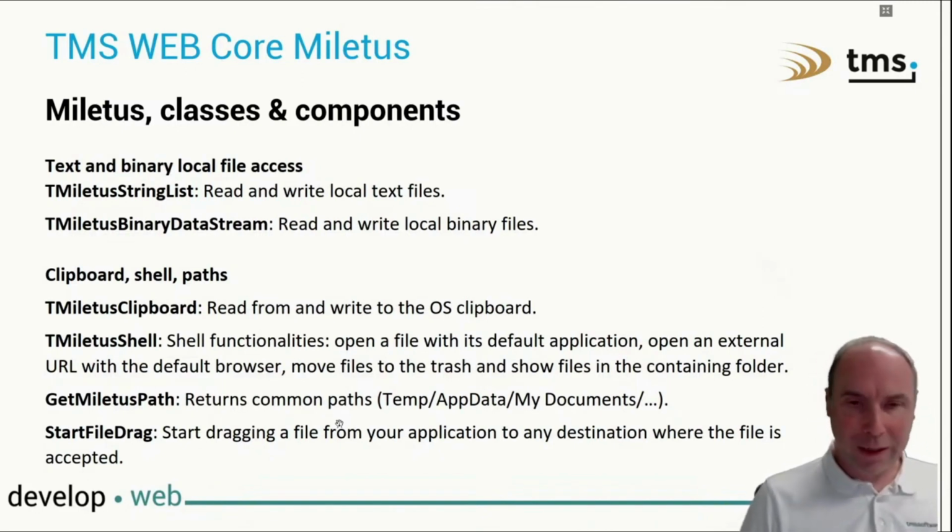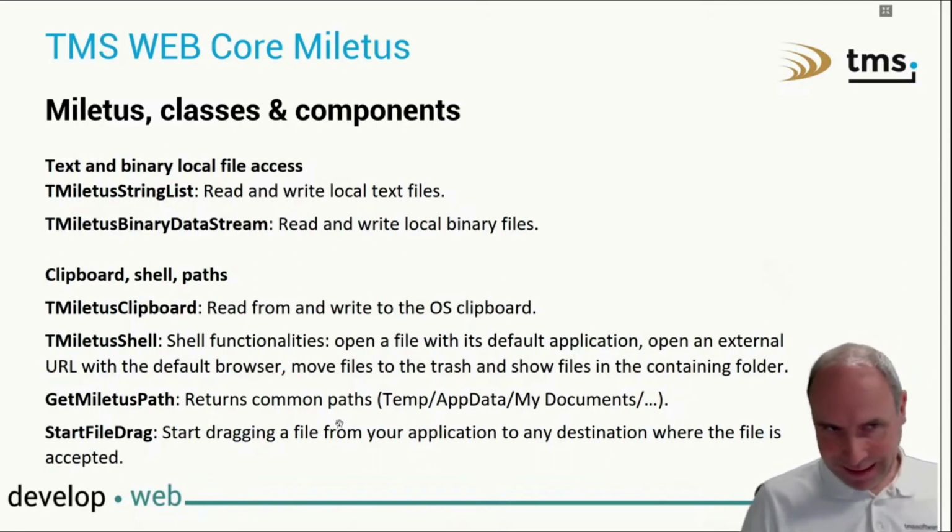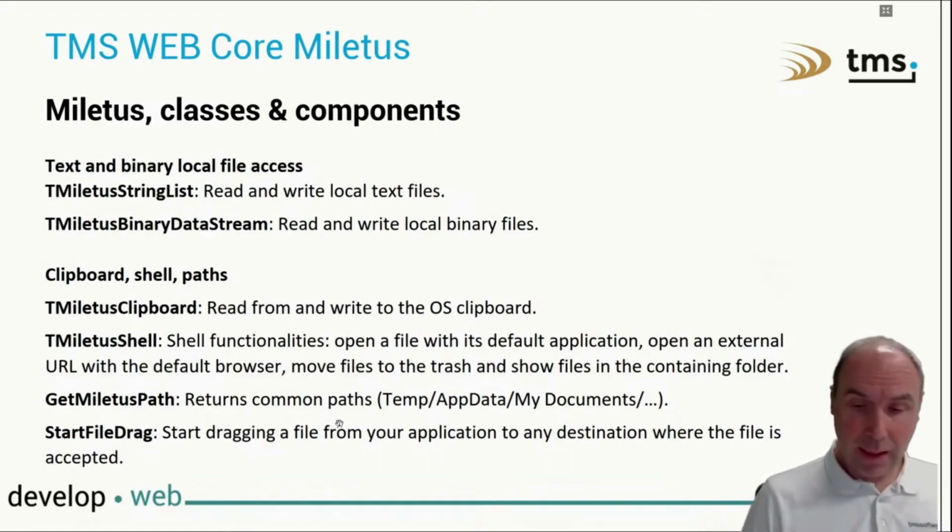We have two types of classes that allow you to have direct local file access, which is the Miletus string list that lets you open and save text files directly on the file system of the operating system, which of course is not possible in a browser by default, obviously for security reasons. And the same applies for accessing binary data, which you can do with the Miletus binary data stream.